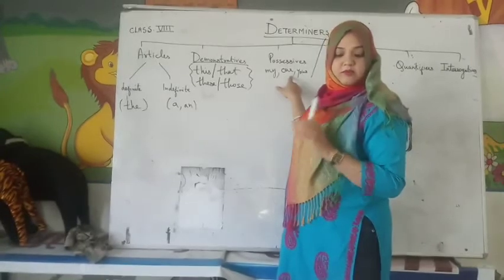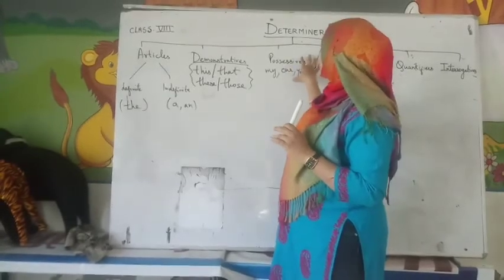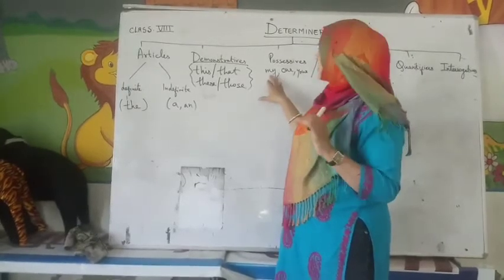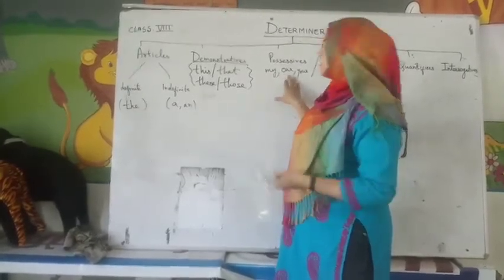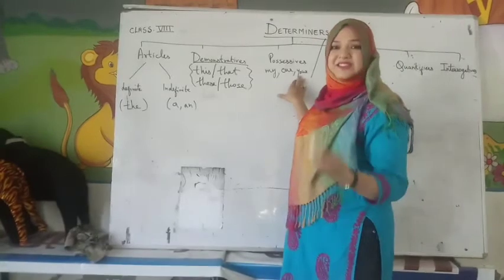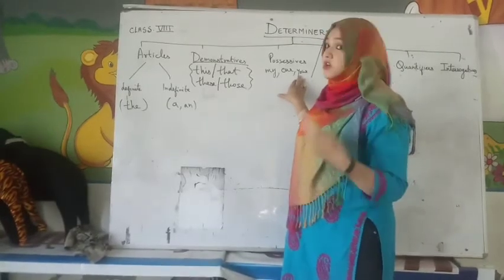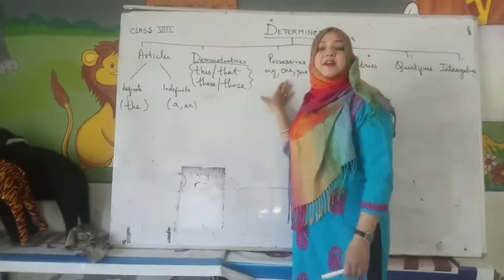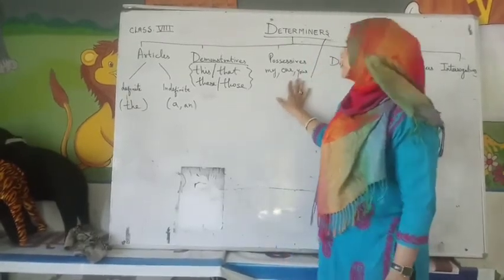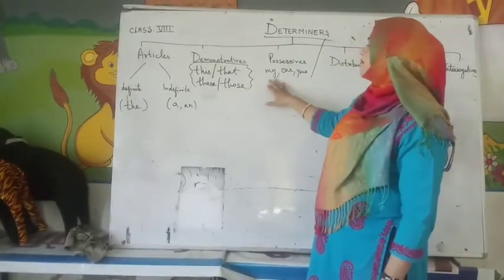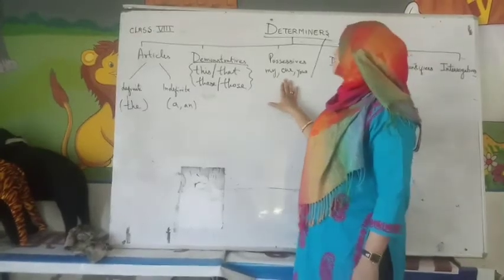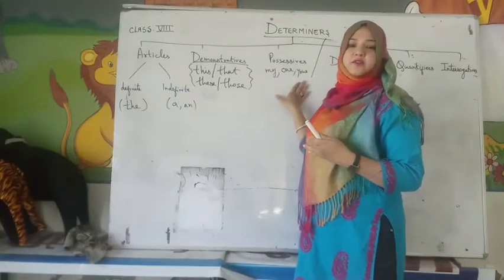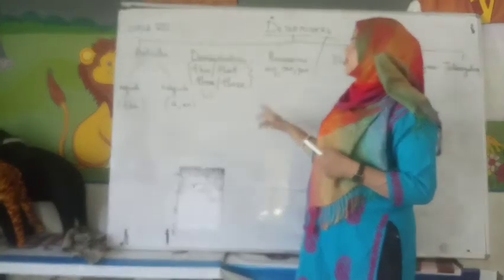But here in possessive determiners, it is without s: my, our, your, his, her, not hers, her, its. Alright? So remember that this is the difference. So we are doing till here: my book, our class, your school. Did you understand all these things?